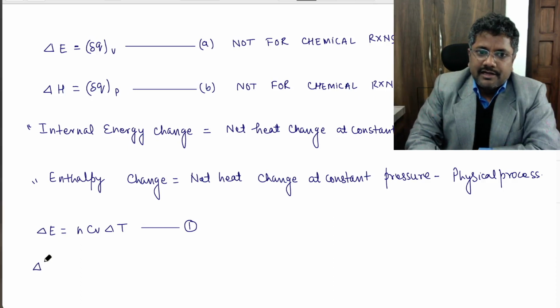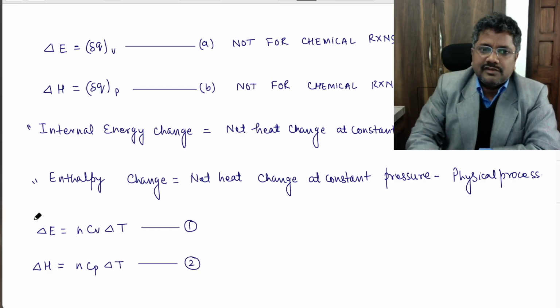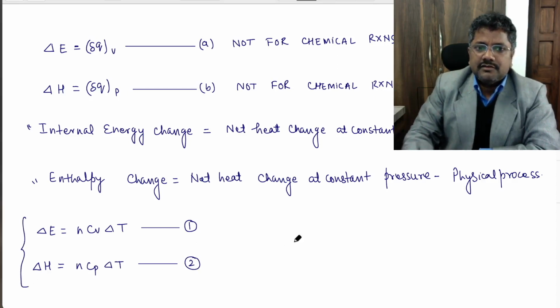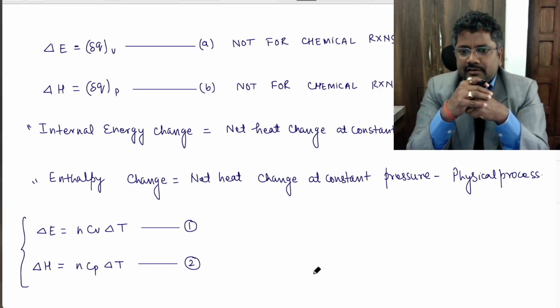Similarly, delta H, this is the master formula. These are the master formulas. Delta H is equal to nCp delta T. You can use this formula everywhere, right? Now some other formulas we can derive from this.